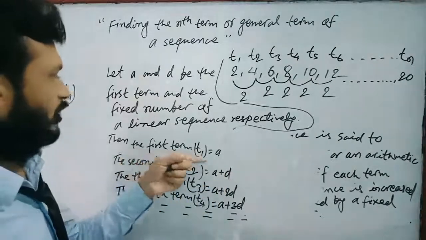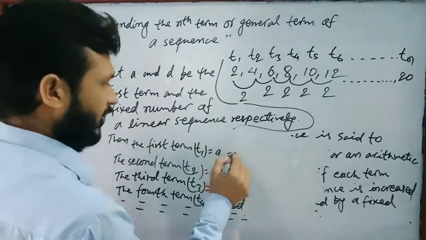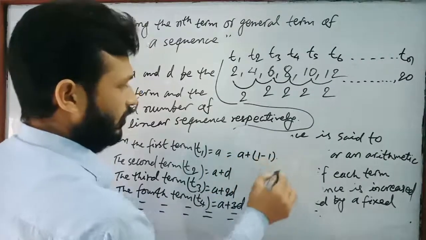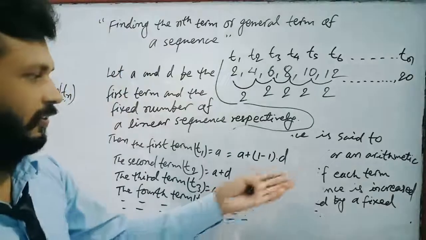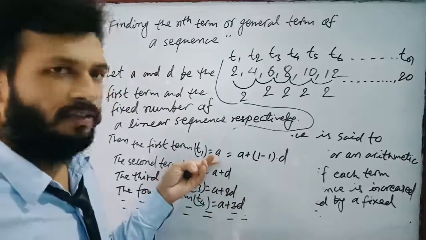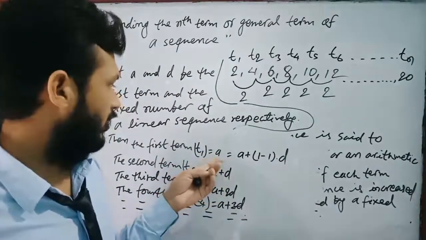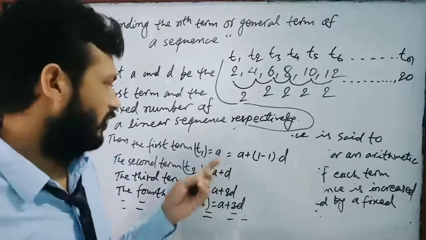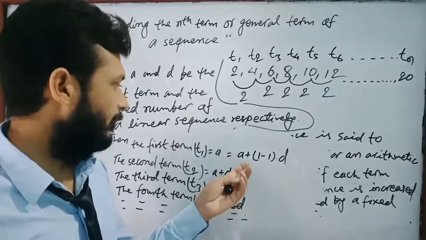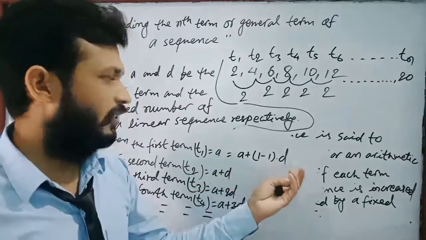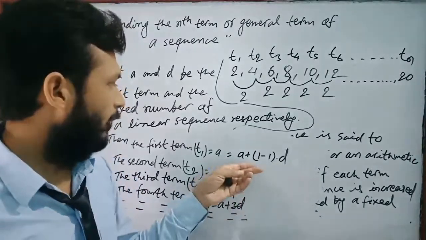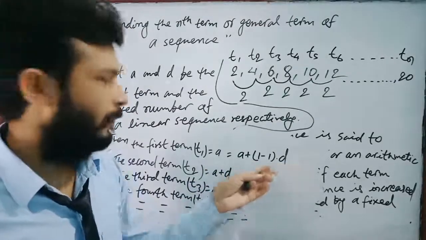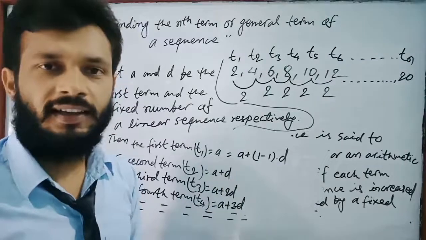The first term T1 equals A, we can write A plus 1 minus 1 into D. D is the fixed number. In the first term there is no fixed number, but we can write A plus 1 minus 1 into D. It means 1 minus 1 is 0, 0 into D is 0, A plus 0 is A. Understood?